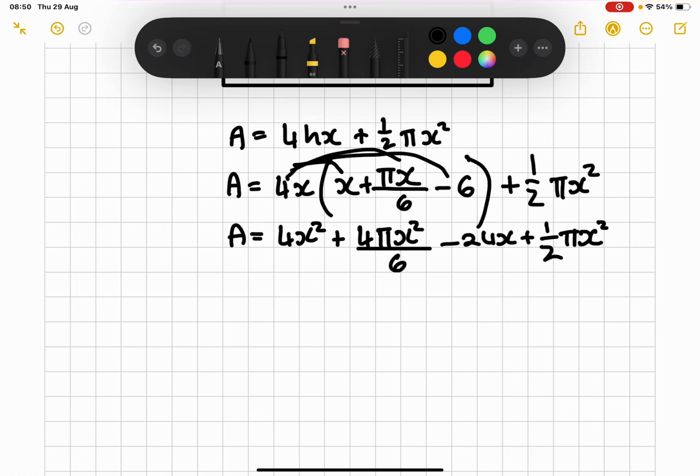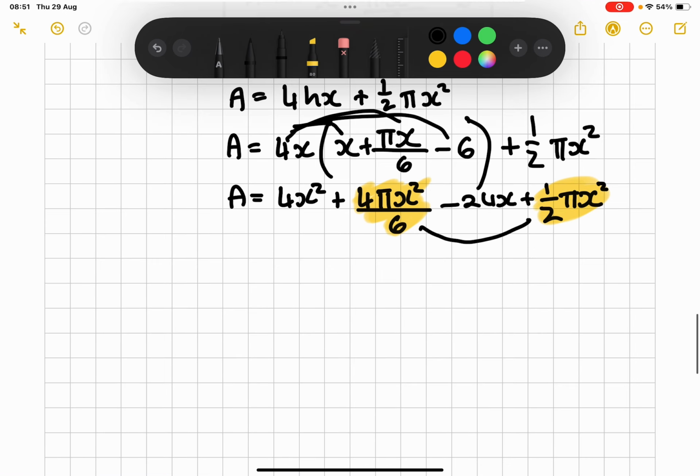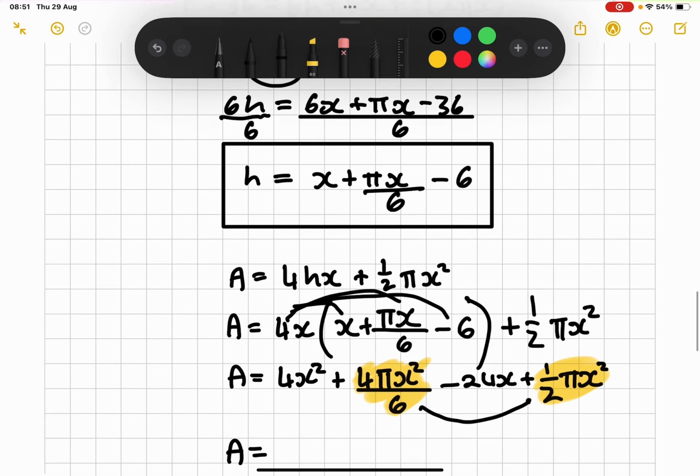The reason I didn't write this as 2 over 3 is because I see that here we've got like terms, and so we're going to have to add them together. When adding these two like terms together, we need a common denominator, which in this case I'm going to choose to be 6, because I'm pretty sure that's what they used.